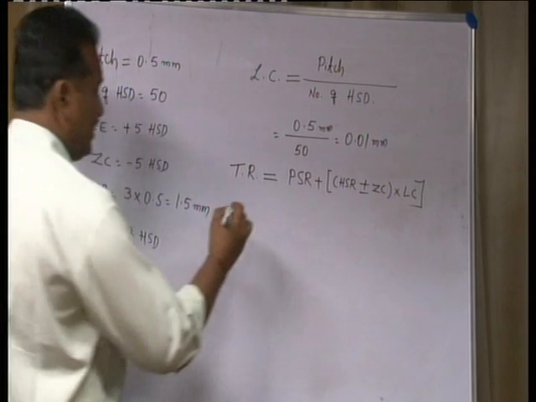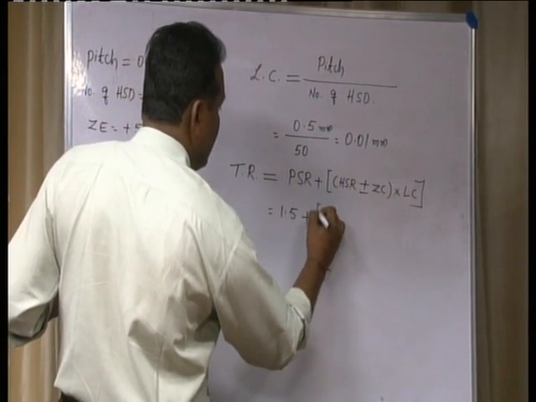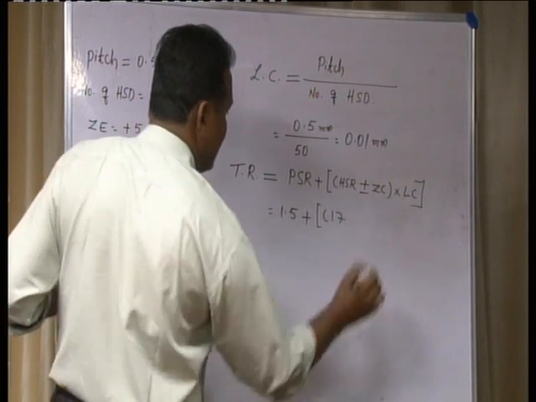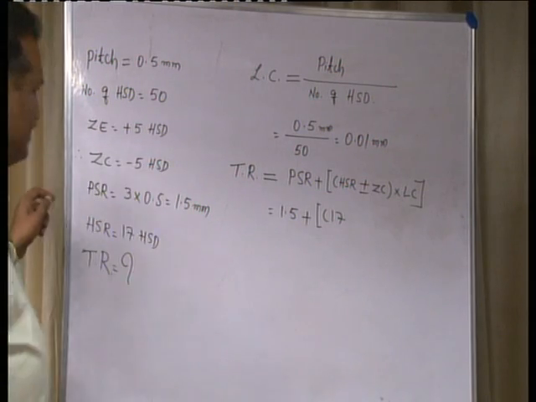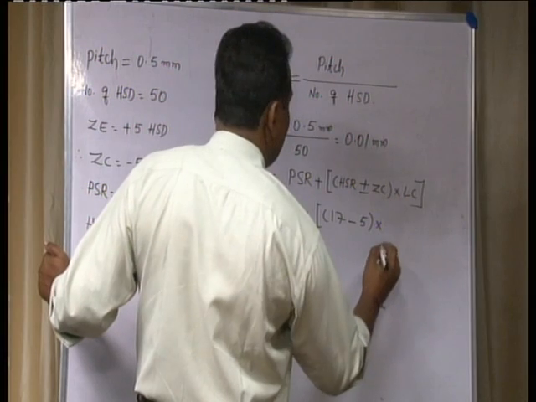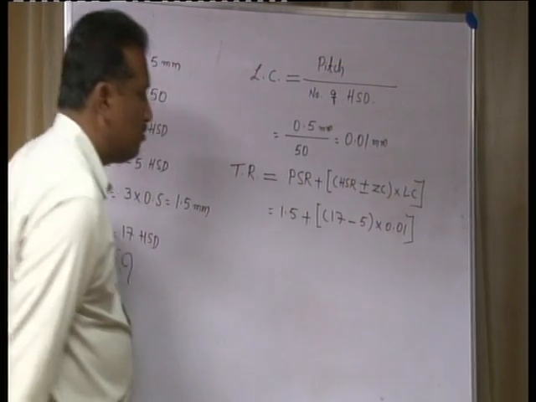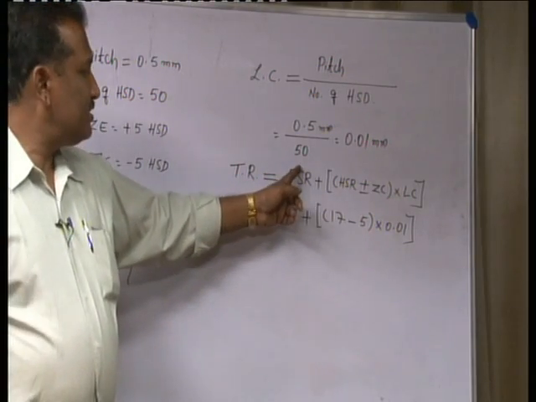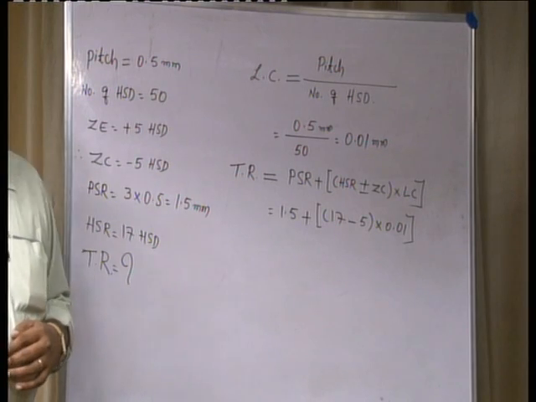Pitch scale reading is 1.5 mm, head scale reading is 17, 0 correction is minus, therefore you have to write minus 5 into LC is 0.01. Once again care should be taken such that pitch scale reading and least count should be expressed with the same unit.